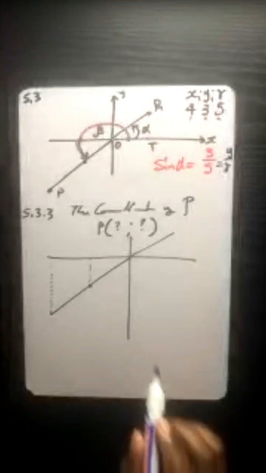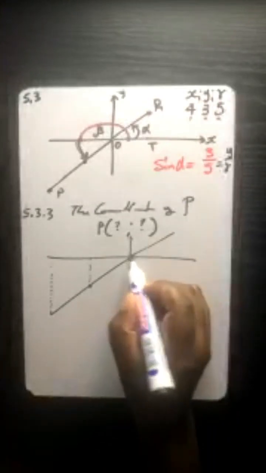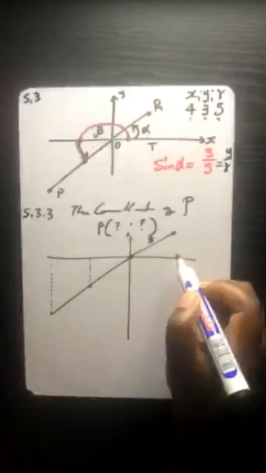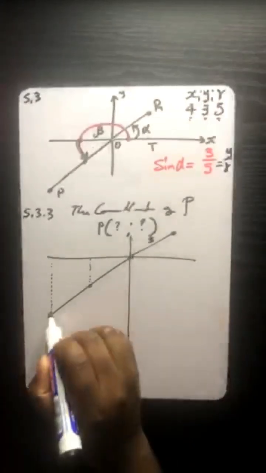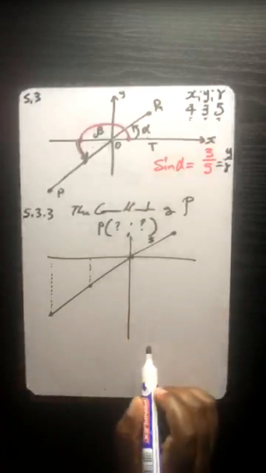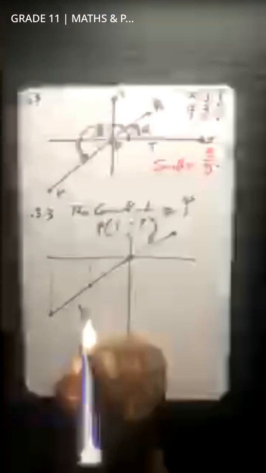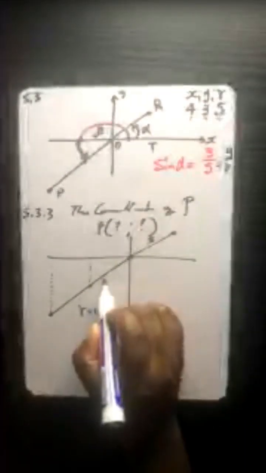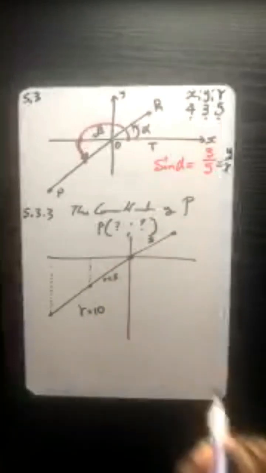And I think we do know very well that from here to there, it is 5. So that means from there to there, they said 2 times, meaning it is 10. The bigger r is equal to 10. And then this smaller r is equal to 5.